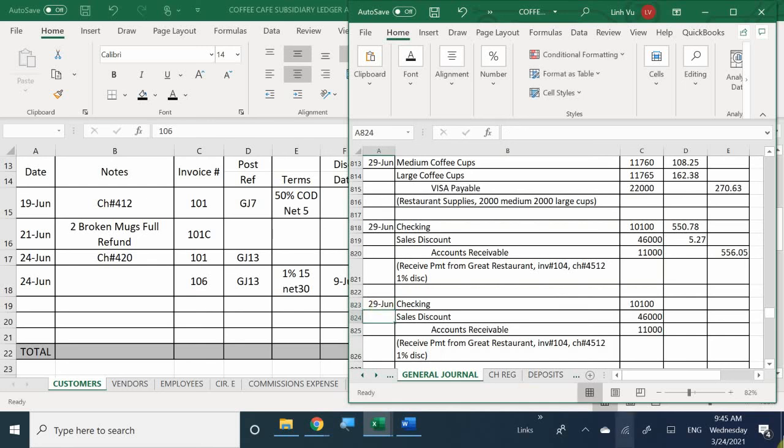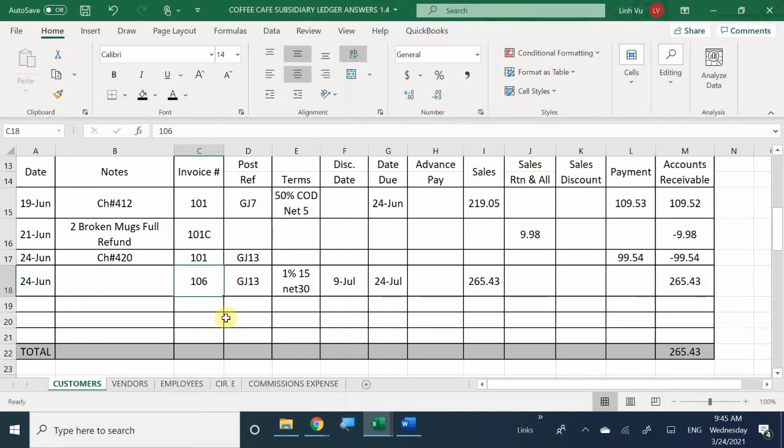You said it was for 235? Perfect. And her whole entire check amount was for the 265. The discount should be 265.